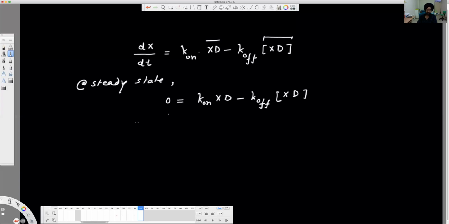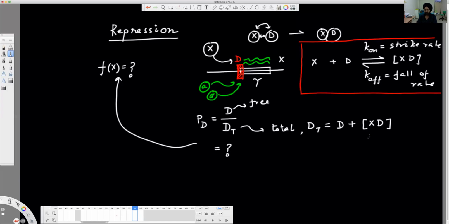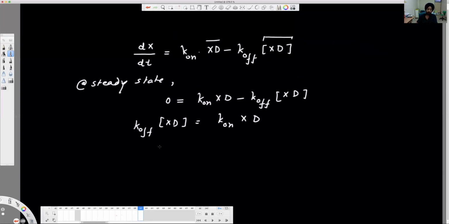You can take this on the other side. This is K off. Now XD, we already know what it is. XD here can be written as dt minus d, right? Isn't it? So you write it in dt.